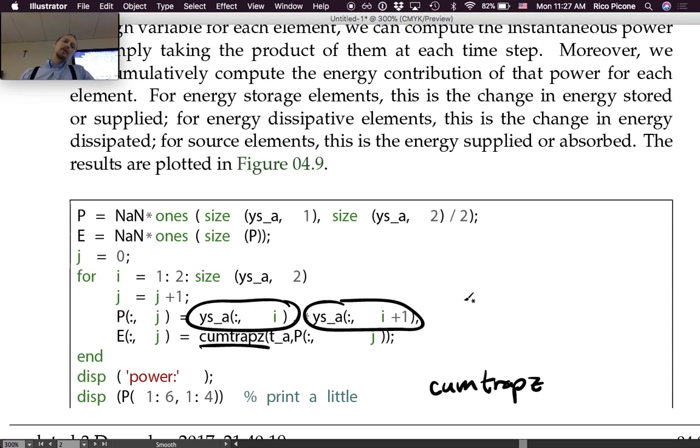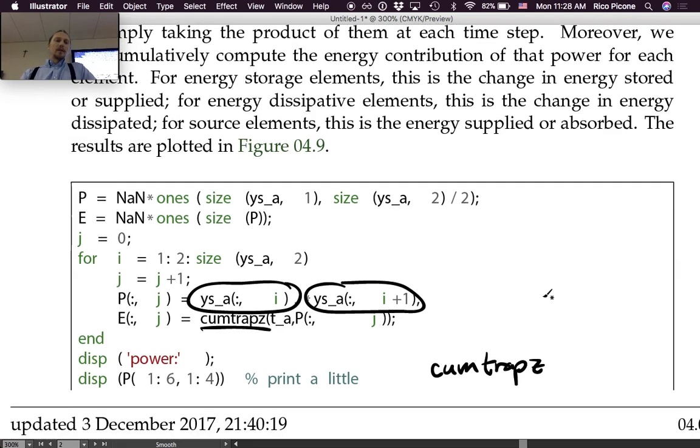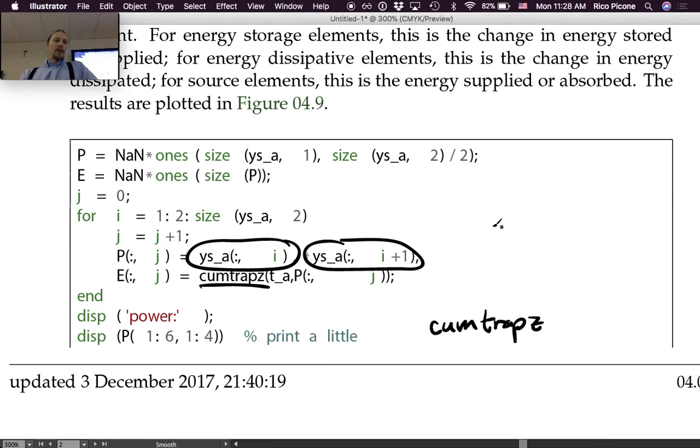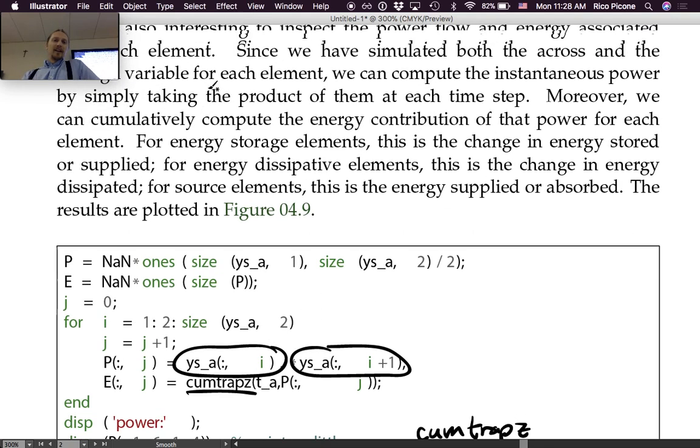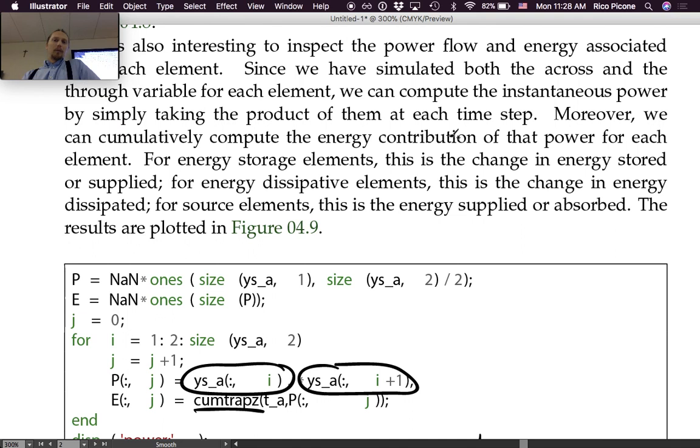It will give you the definite integral accumulating over time. So the product of the two, the across and the through variables, is the power, and the energy that's accumulating is going to be the cumulative integral of that power, right?